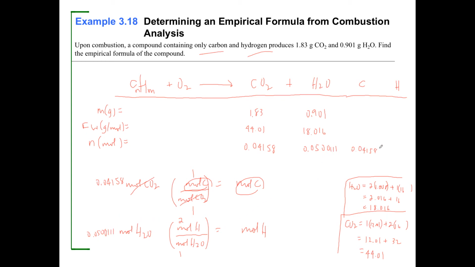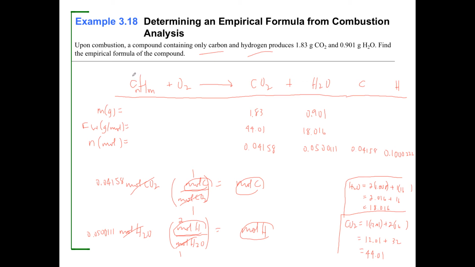So this times 2, these cross off, left with moles of hydrogen. Beautiful. 0.050111 times 2 is equal to, I guess we could have done that in our head, I wasn't really thinking that clearly, 0.1000 and a bunch of 2's. That's how many moles of hydrogen we have.